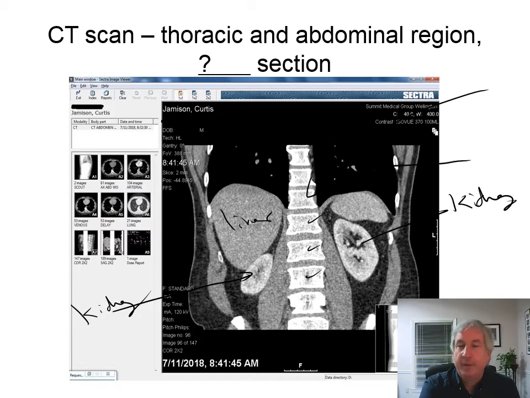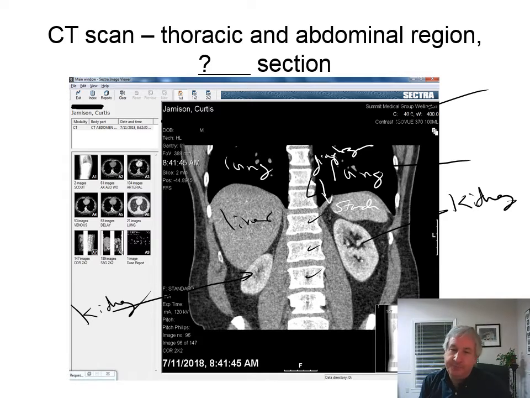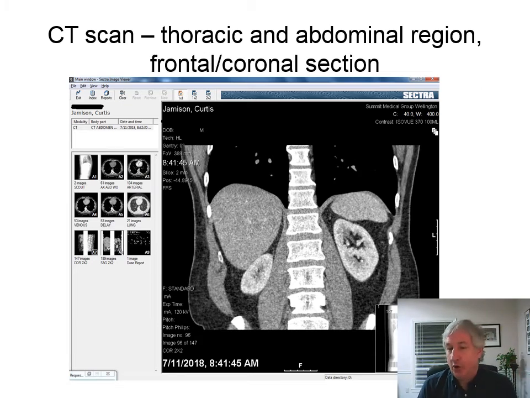That is lung, this is a lung. And this right here is diaphragm. You can see that there. And then this is some stomach here, right? So what type of section would this be? Well, you're looking front on at this, so this would be a frontal section or a coronal section. So there you go, frontal or coronal section, all right? And all right, next slide.